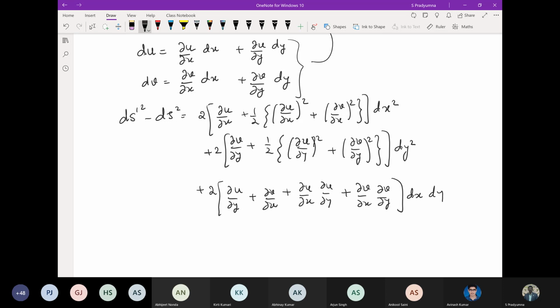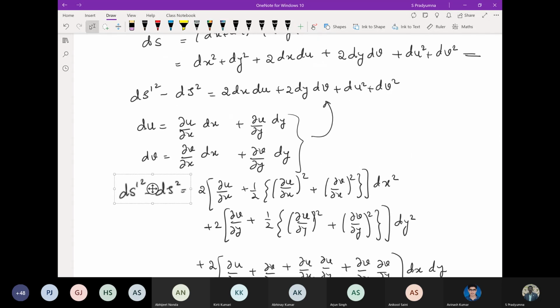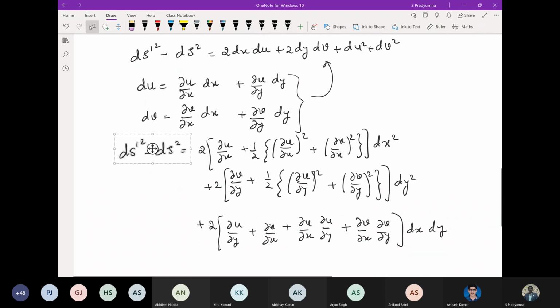Any question, how did we get this? We just substituted the values of du and dv.